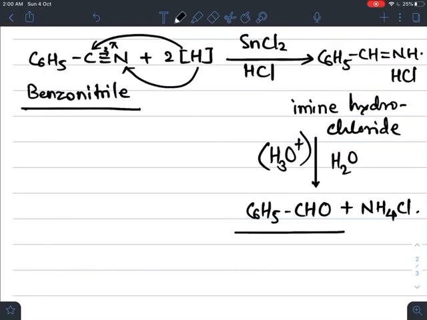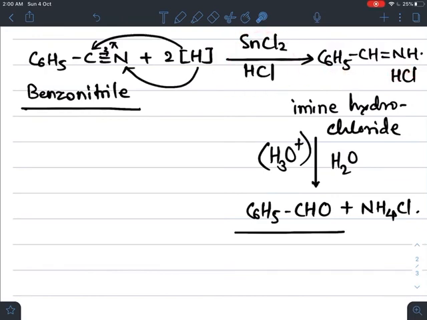So this is about the Stephen reduction reaction. Benzonitrile is converted into benzaldehyde when it undergoes reduction, meaning addition of two nascent hydrogens supplied by stannous chloride and hydrochloric acid.